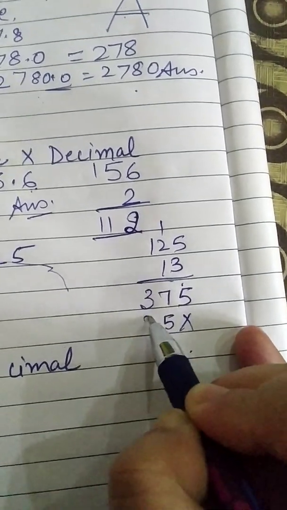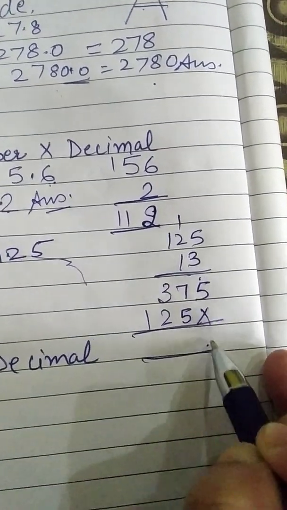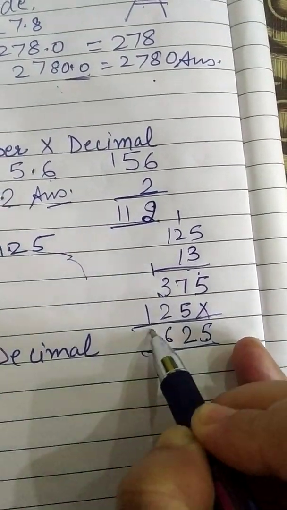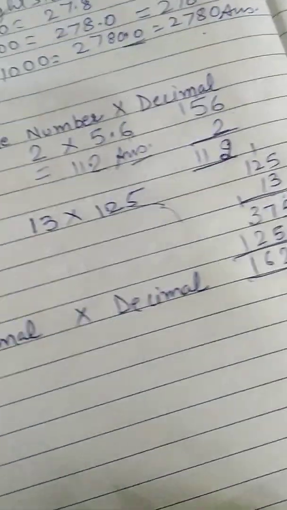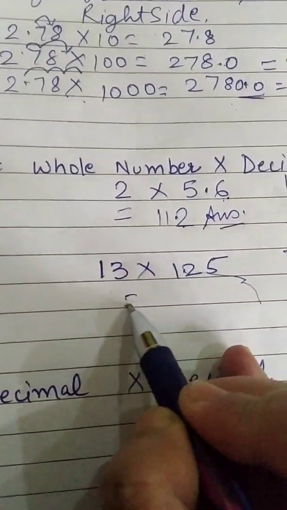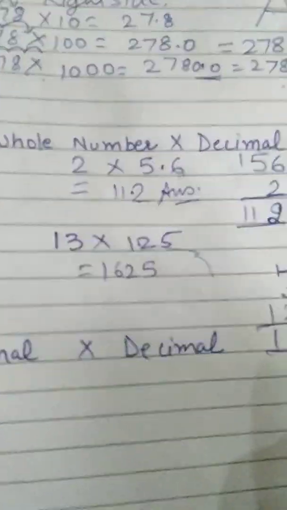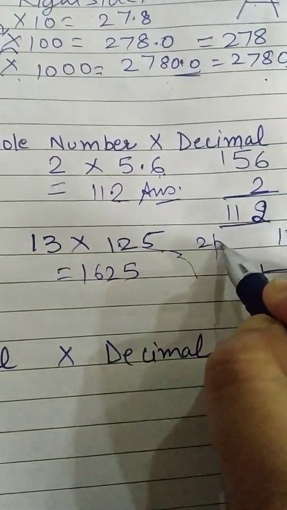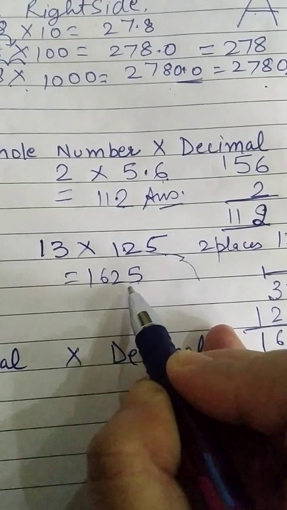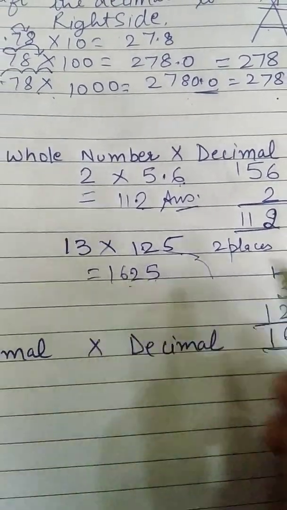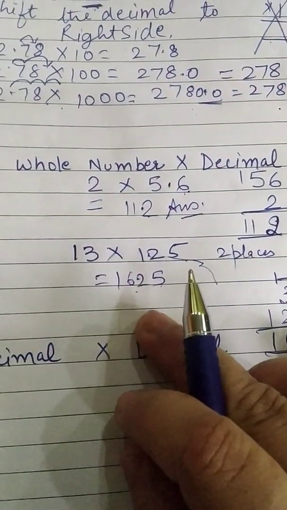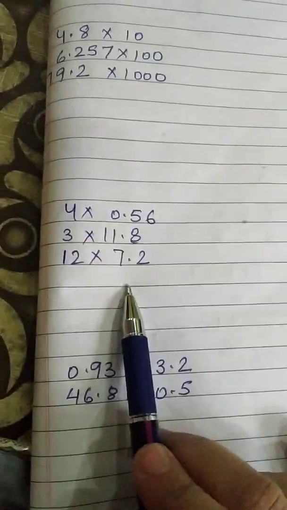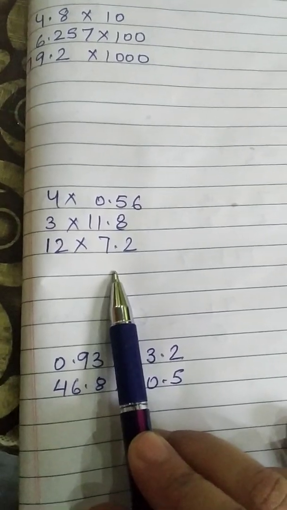I got 1625. Now, how many digits here after the decimal? 2 places. So here also I leave the last 2 digits and put the decimal. So the answer is 16.25. Again, based on this, I have given you 3 questions which you will try in your notebook.